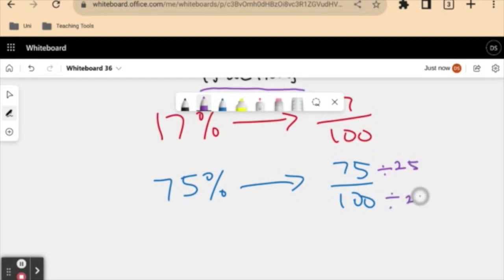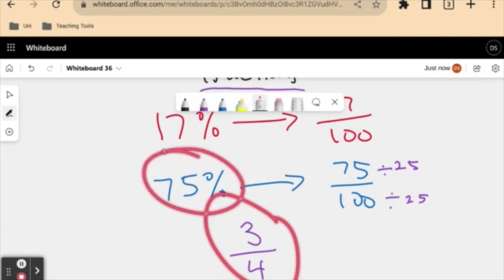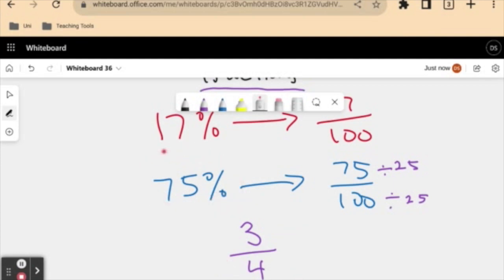And it goes into our numerator 3 times and into our denominator 4 times. So I've gone from here to here down to here. And this fraction is 75% in its simplest form, 3/4.